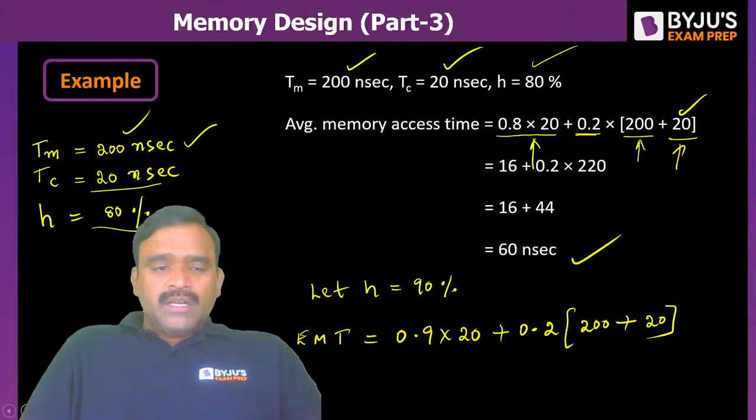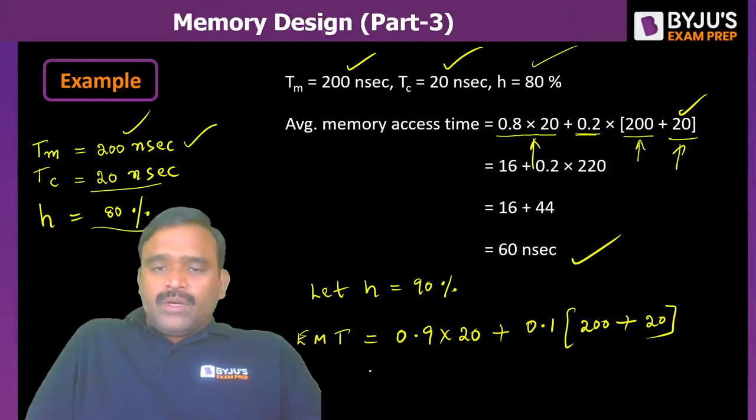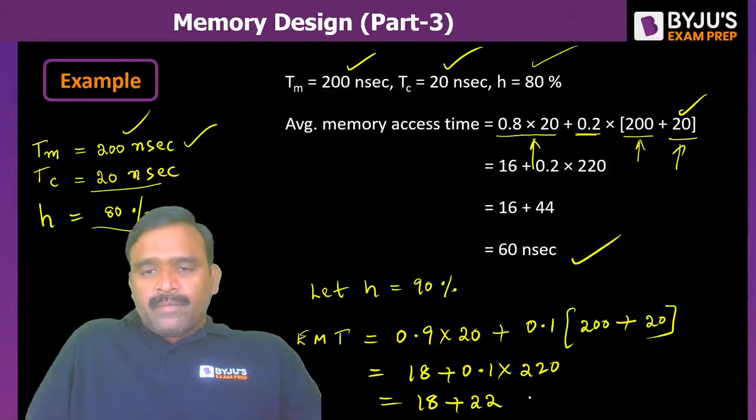Not 20%, sorry, it is 10%. 1 minus H is nothing but 10%, so this is nothing but 0.1. So 0.1 into 220. So it is 18 plus 0.1 into 220. That means 18 plus 22. 18 plus 22, how much is the value for a 90% hit?